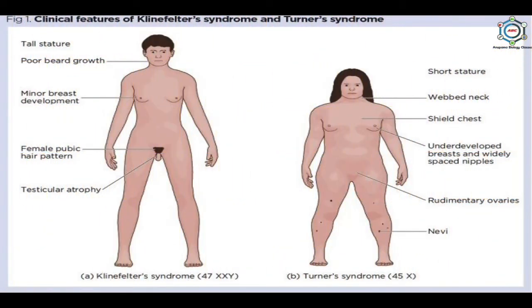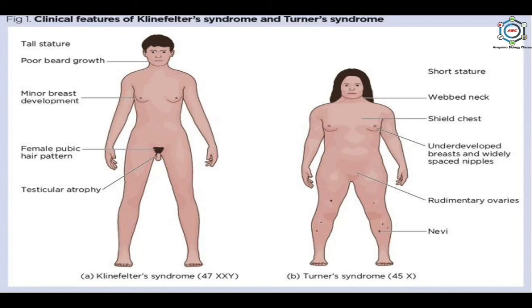So after this, what are the differences in the Klinefelter syndrome and Turner syndrome? According to the picture, you can distinguish. The Klinefelter syndrome is caused by the genotype 44 plus XXY condition, while the Turner syndrome is caused by the genotype 44 plus XO condition.